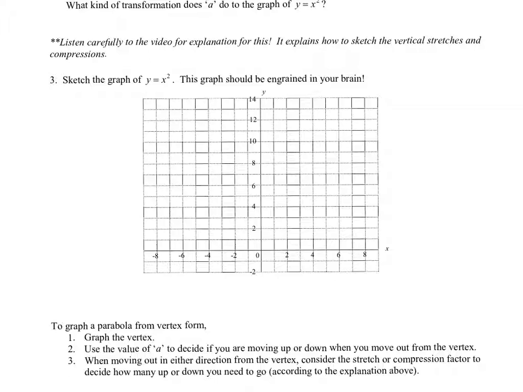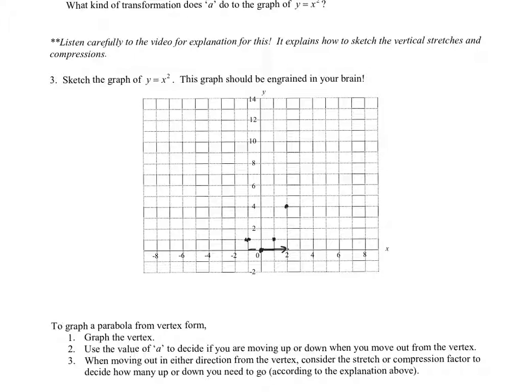Okay, our next slide. Let's do our original parabola, y equals x squared, and we have the vertex here at 0, 0. As I said, when I move out 1 to left or right, 1 squared is 1. I'm going to move up 1, out left or right. If I move out 2 units from the vertex, 2 squared is 4. I'm going to move up 4.